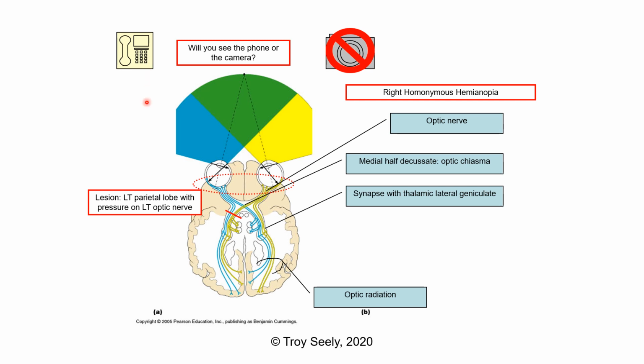It's going to be able to see the phone here on the left. Here's the lateral side of the other eye, but it will still give you information of the phone on the left side. So this right homonymous hemianopia highlights that you have a partial blindness in half the visual field, in this case on your right, that is going to be the same for each eye.